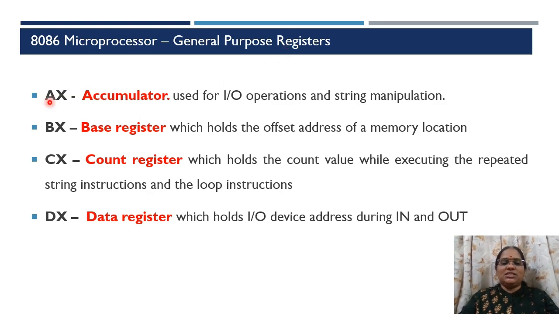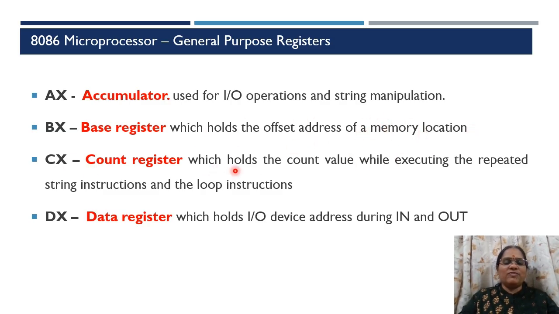So the general purpose registers are the accumulator, base register, count and data register. The accumulator is used for doing IO operation, that is input operation, output operation, and also in string manipulation. The base register will hold the offset address while you're calculating a memory location, that is, to calculate a 20-bit memory address.